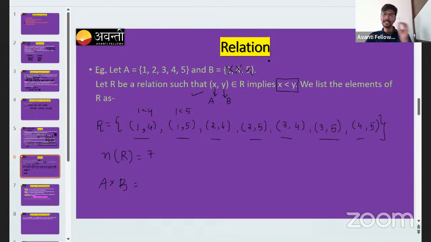Now you have to understand that this big set A cross B has a subset which is R. So I will not write the whole set. Just tell me the number of elements in A cross B. The number of elements in A is 5 and in B is 3. So the number of elements in A cross B will be 5 into 3, which is 15. I hope this is clear.